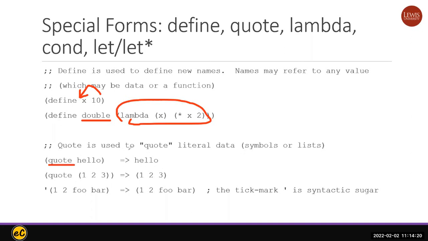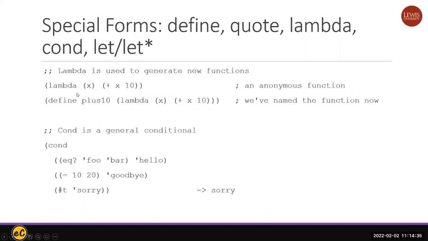Quote actually means no evaluation. So 1, 2, 3, you quote. That's actually the quote mark, and this quote mark is also the no-evaluation mark. So lambda x plus x 10. This is a lambda expression, and define plus 10 using this lambda expression. So this one you have a reference, while this one you don't have a reference. It's an anonymous function.